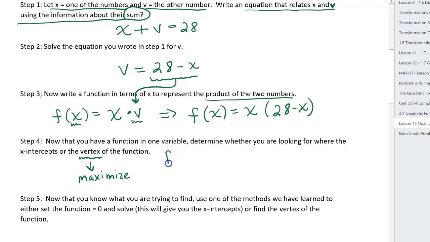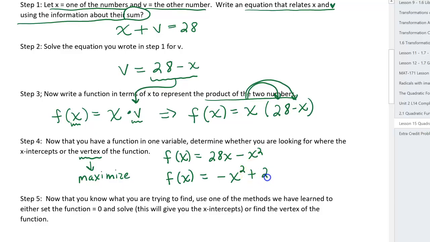So I'm going to take my function and put it in standard form by distributing this x to both the terms inside. So x times 28 will give me 28x, and x times negative x will give me negative x squared. And now if I put this in descending order, I have negative x squared plus 28x.